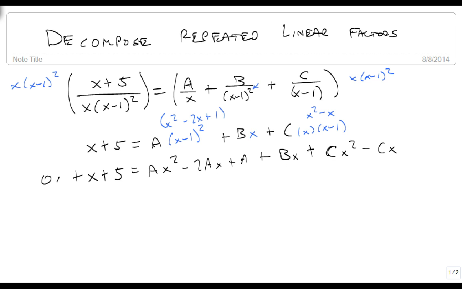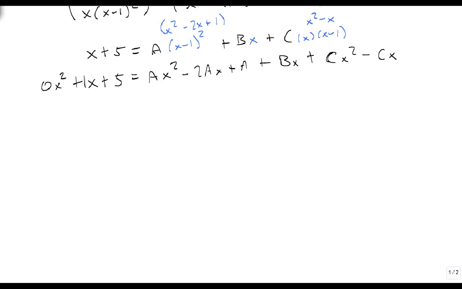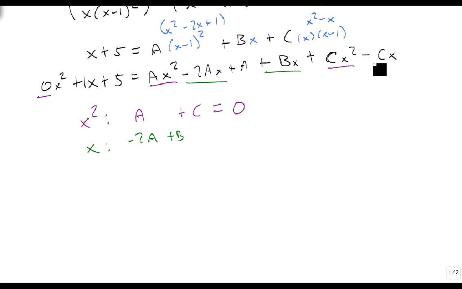So if we don't have any, then we need to put a 0 in front of it and a 1 in front of the x. And so we're ready to group our pieces together. For our x squareds, we're going to get Ax squared plus Cx squared, and that's going to be equal to 0. For our x's, we're going to get A minus 2A plus B minus C, and that's going to equal 1.